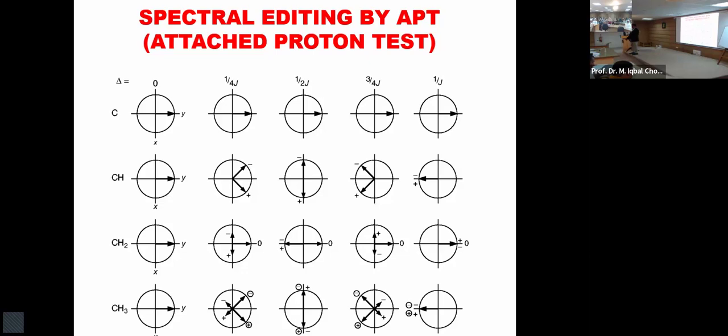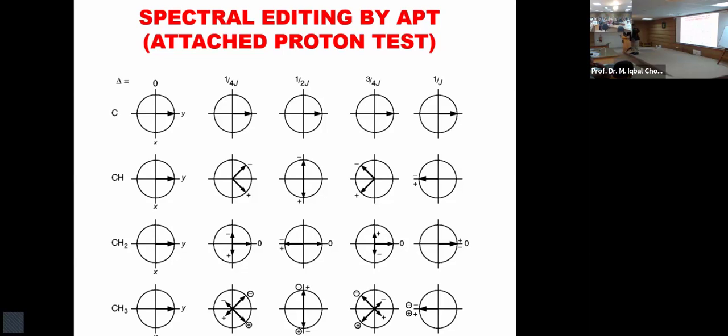So now CH2, CH, quaternary carbon, based on the attached number of protons, will have different energy levels, B effective, and Larmor frequency. Therefore, they will split and they will move on the XY plane, right?